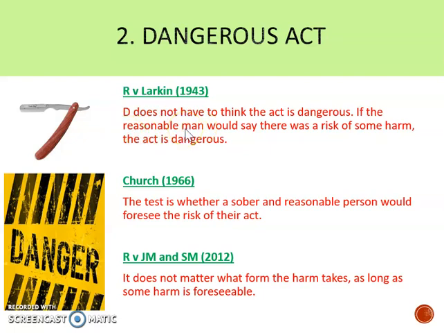And the reasonable man would say that if you are threatening people with a very sharp razor, there's a risk of some harm. So it meets requirement 2. In the case of Church, this was added to, and the court said that the test for whether the act is dangerous is whether a sober and reasonable person would foresee the risk of their act.